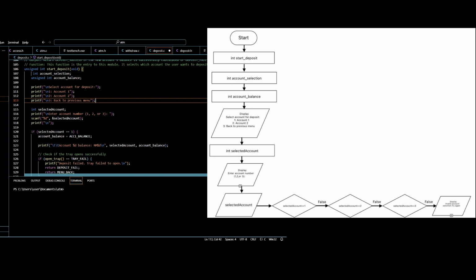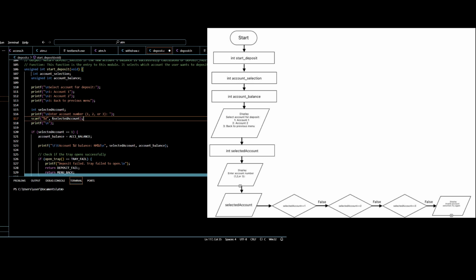For prompt user for account selection, the int selected account declares a variable to store the user selected account number. For printf, enter account number 1, 2 or 3 to prompt the user to enter the account number.